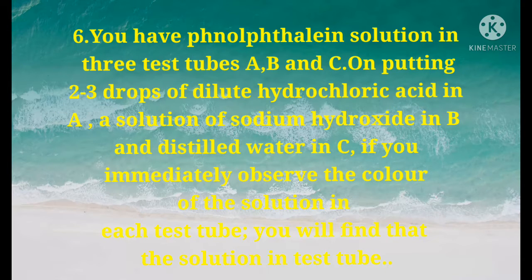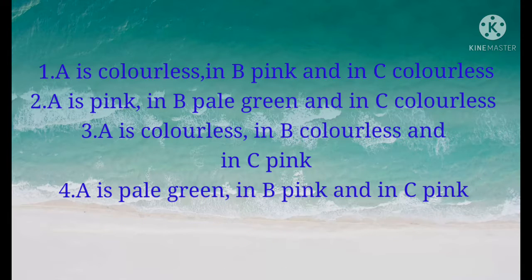You have phenolphthalein solution in 3 test tubes A, B and C. On putting 2-3 drops of dilute hydrochloric acid in A, a solution of sodium hydroxide in B and distilled water in C, if you immediately observe the color of the solution in each test tube, you will find that the solution in test tube number 1, A is colorless, in B pink and in C colorless.